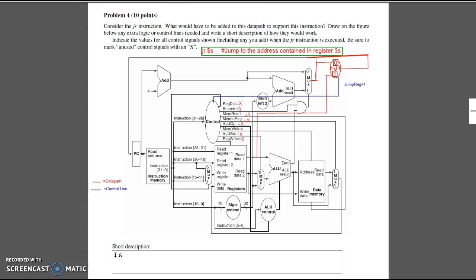So, like I said before, because our data path pulling from read data 1 is attached to the 1 in our mux, and we want to execute the jump register instruction, then we must set jump reg equal to 1.